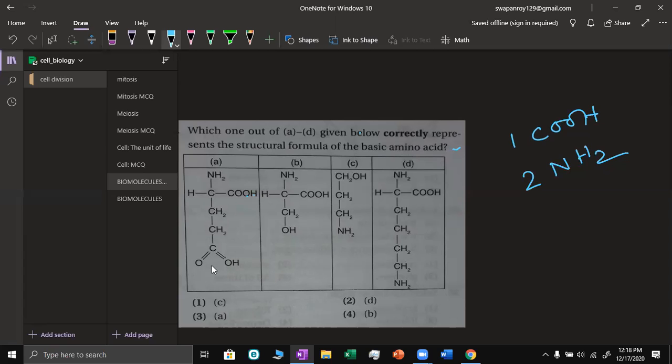This one has carboxylic group 1, amino group 1. Is there any other? This is the carboxylic group, COOH.